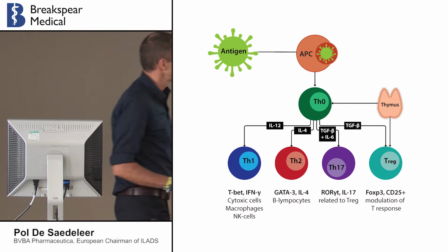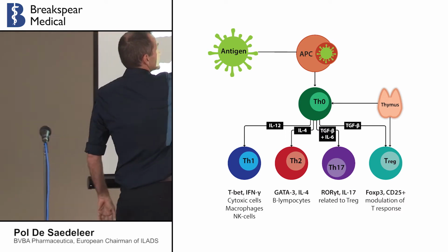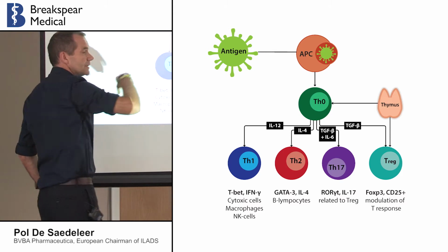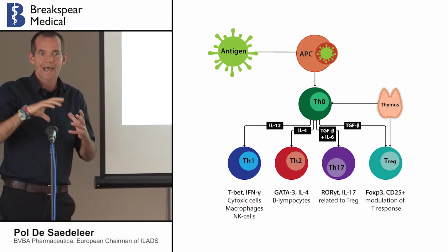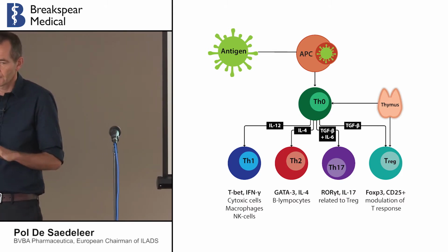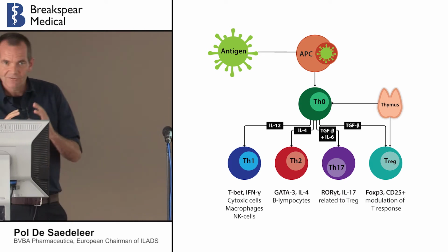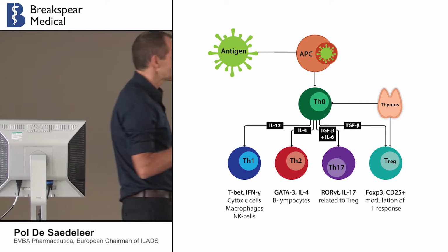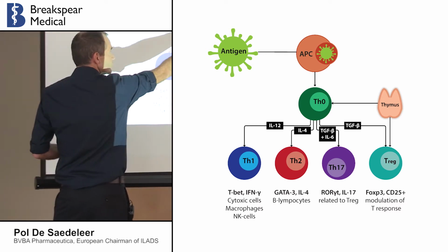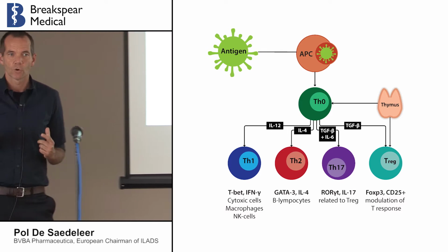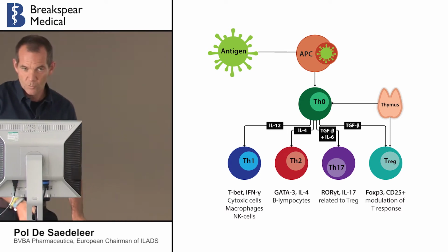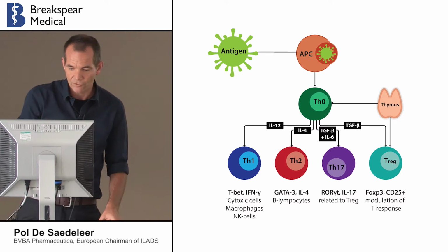Antigen-presenting cells capture the antigen, the invader. They engulf and break down the antigen into different fragments, and one protein fragment will then be presented to immature T cells. We call them immature T cells because they have never been in contact with an antigen before.